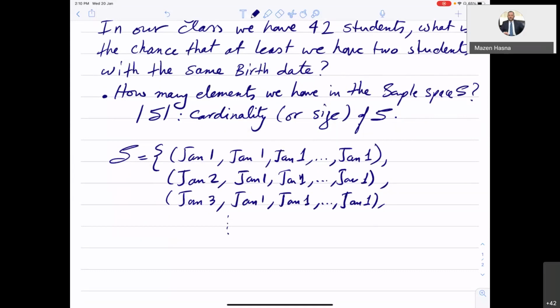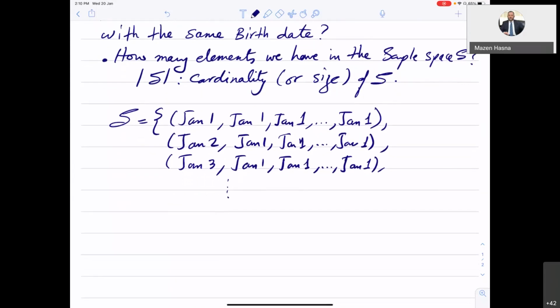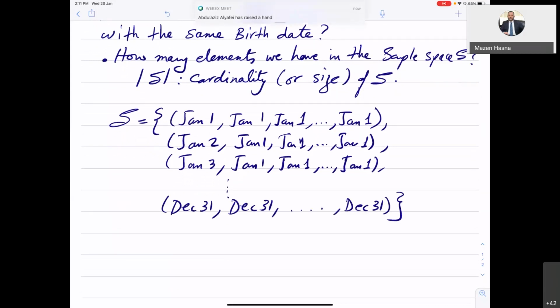And then you start with the second student, and then the third student, all the way to 42. So this is a huge number. You keep doing this until you reach December 31st for the first student, December 31st for the second student, all the way to December 31st for the last student. And this will be your sample space.